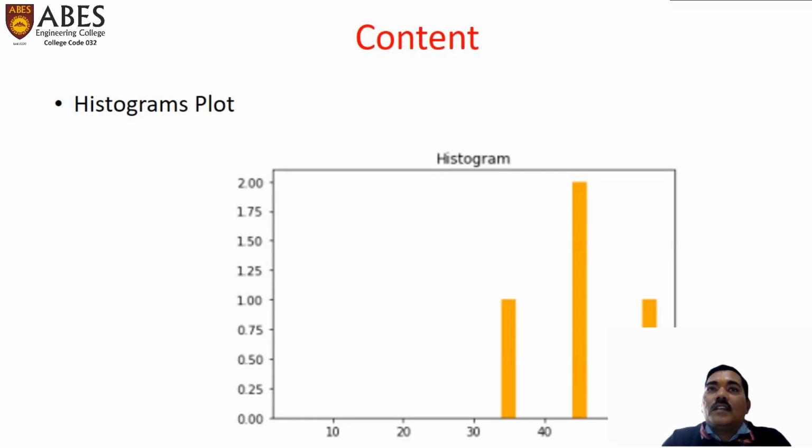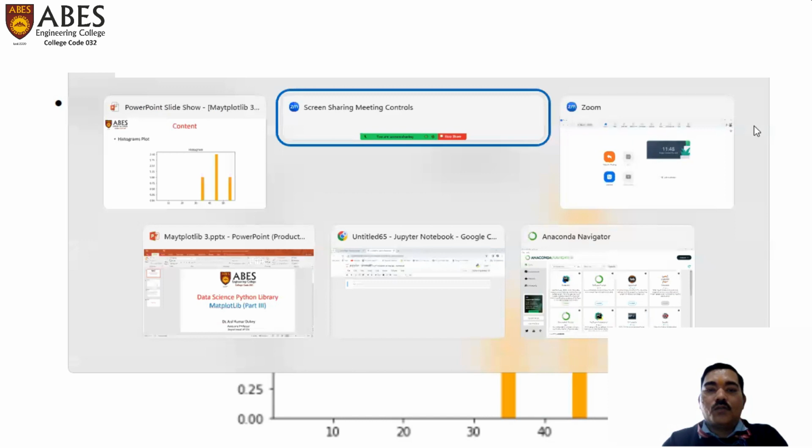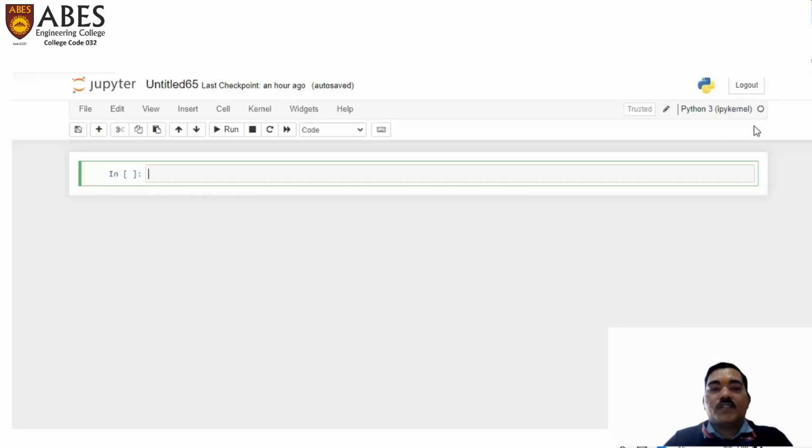Simply put, suppose 100 people are living in a village. In that village, we can identify the age of the people.